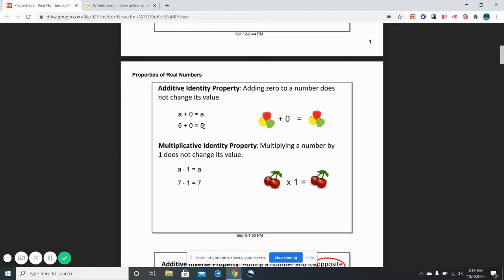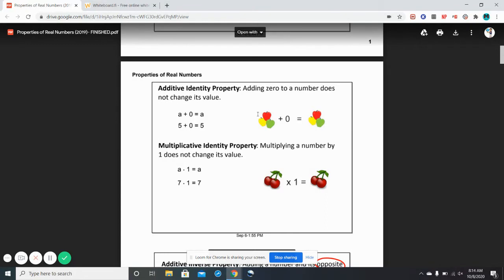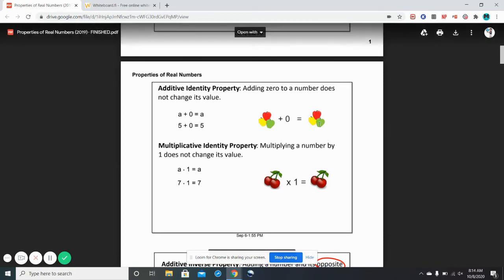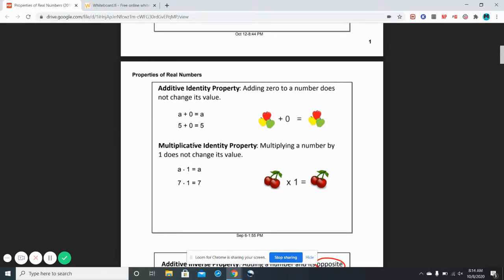If you see a problem where you have one number plus 0 equals that same first number, that's the identity property. So you have 3 apples here. That's the original number, but you don't add anything, so it keeps its identity, and you still have 3 apples. And that goes the same for the multiplicative identity property. 7 times 1 still gets you 7.